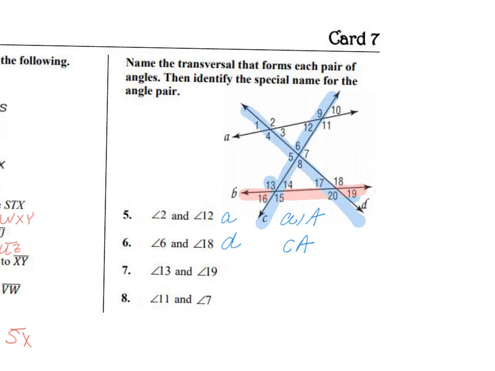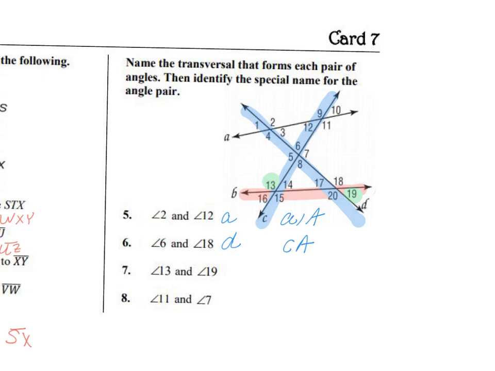And so when we look at where 13 and 19 are located, they're alternating the transversal, the red line, and they're on the exterior, so they're alternate exterior angles.